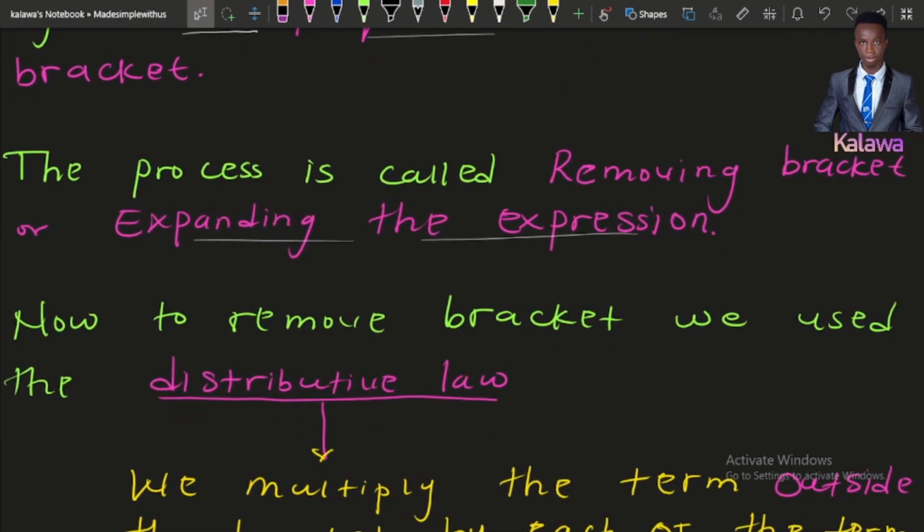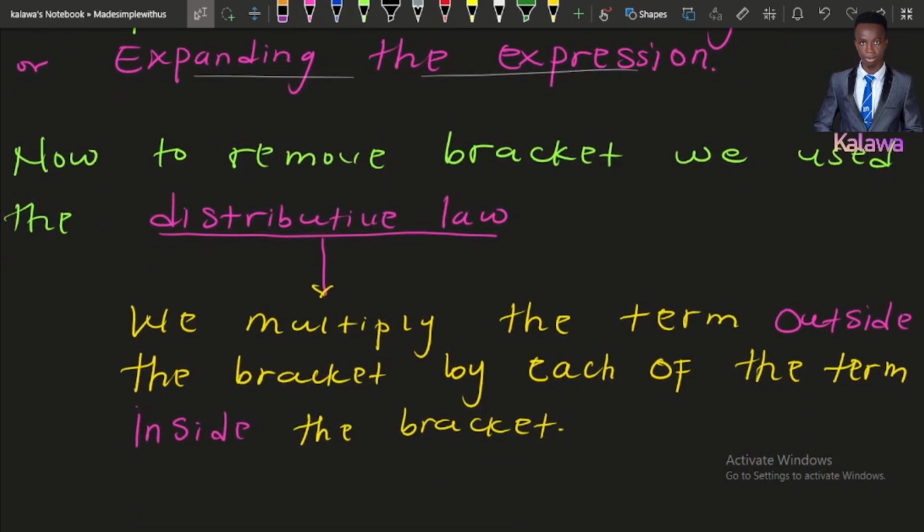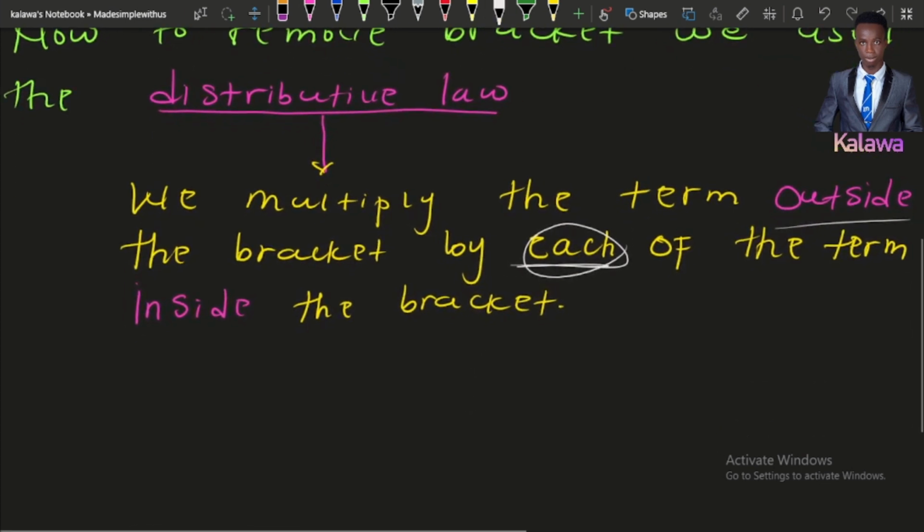Now, to remove brackets, we use the distributive law. The distributive law says we multiply the term outside the brackets by each of the terms inside the bracket. Let me give you an example of this.